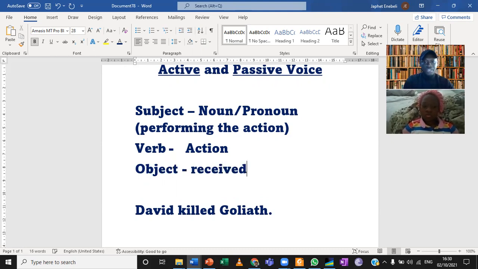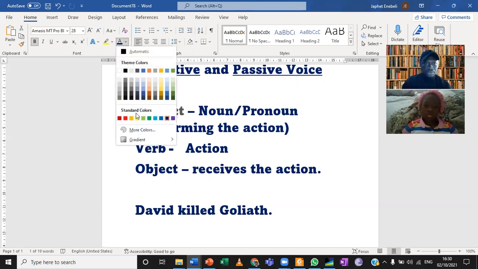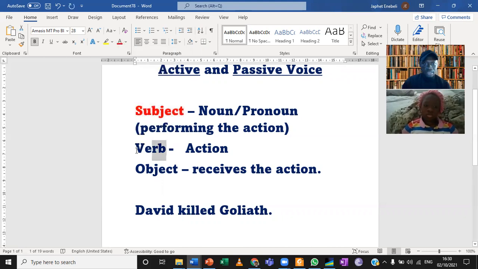The object receives the action. Okay, so to understand active and passive voice, you must first understand these three terms: the subject, the verb, and the object. Now, the subject is the one performing the action. The verb is the action itself, and the object is the noun that receives the action.